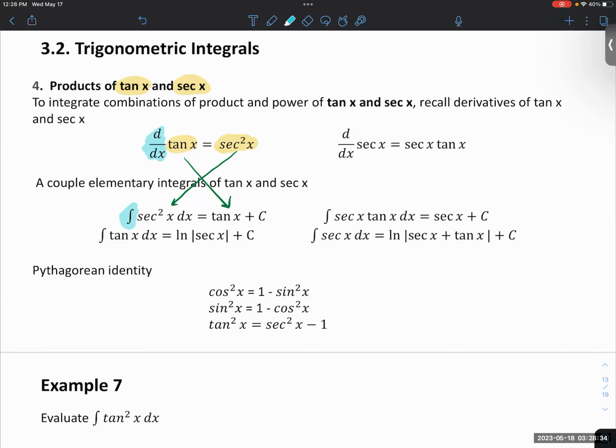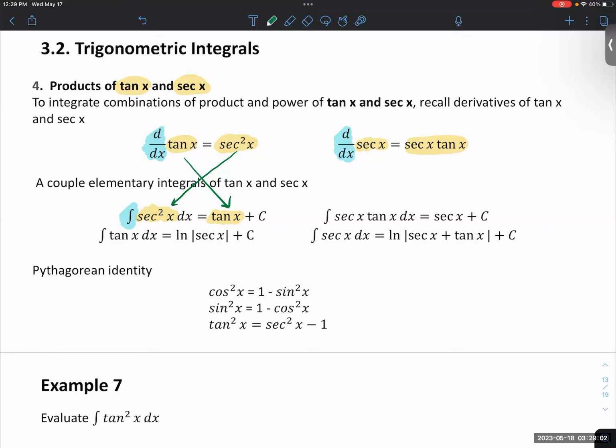This makes sense: derivative and antiderivative are opposites. When you take the derivative of tangent x, it's going to be secant squared x. Integrating secant squared x, you get back tangent x. Same thing: if I take the derivative of secant x, we already know from the table, it's going to be secant x times tangent x. So this is a derivative.